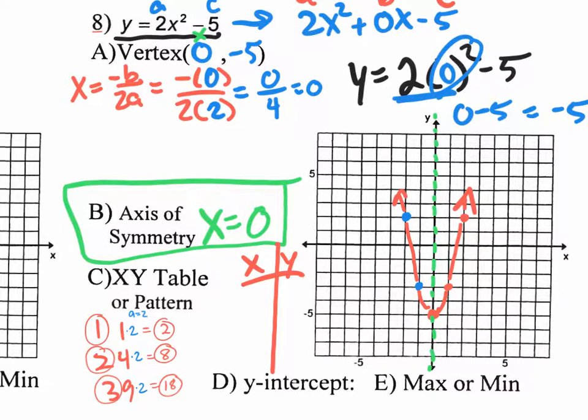Now, I do want to remind you guys that you could use an input-output table, and what the input-output table actually produces are solutions to the original quadratic equation. As a matter of fact, any graph of any function is really representing the infinite amount of answers that exist to an equation.